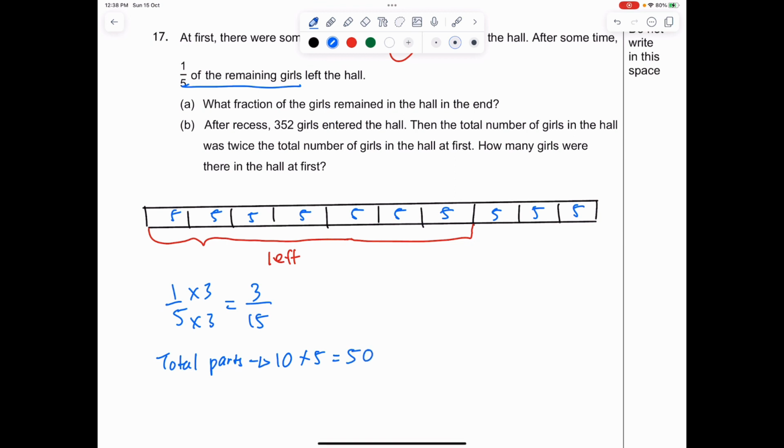Now, at the last part here, we know that there are 15 units. And out of this 15 units, 3 units of the girls left. 3 parts left. So that leaves us with 15 minus 3, that would be 12 parts. So 12 parts remained in the hall.